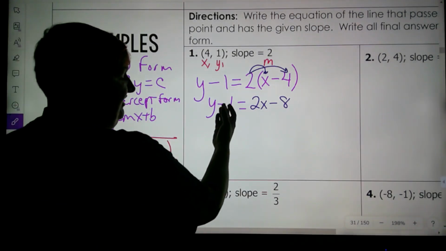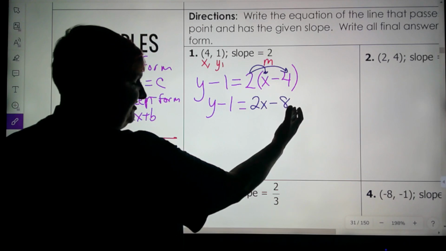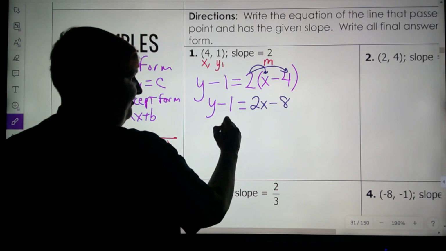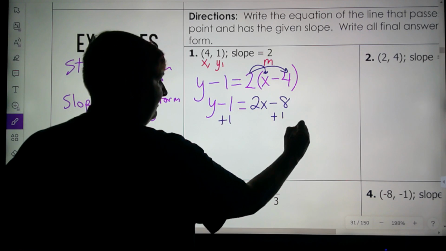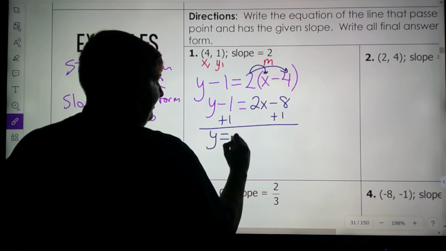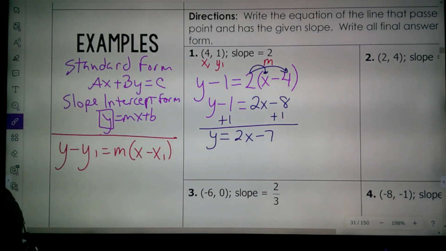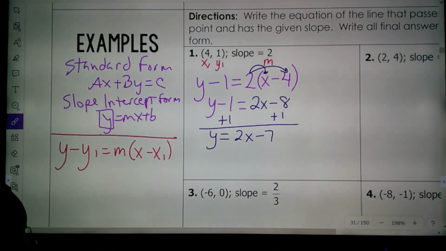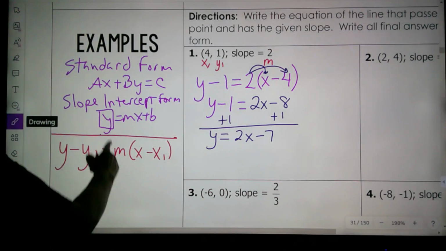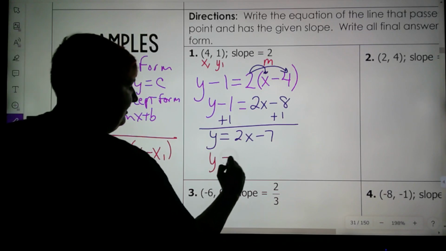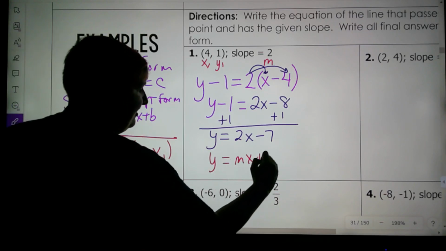Now we know that we need to move the constant over here with this constant. It's a negative 1, so we're going to add 1. Now we have y equals 2x minus 7. We're done. Look, it's in the same format, y equals mx plus b.